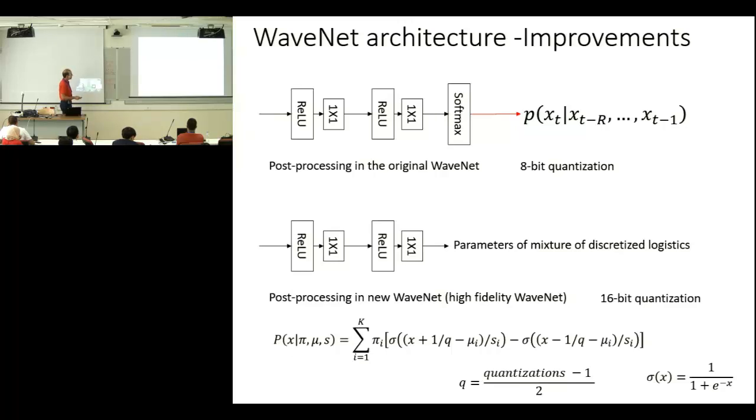So the network actually predicts these mixing parameters, the mean value of each logistic. Let's assume that we have 10 logistics. These are the mixing parameters of the logistic, these are the means of the logistic, and these are the scales of the logistic.